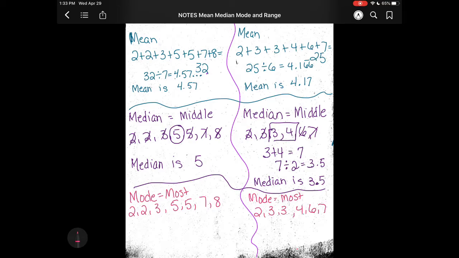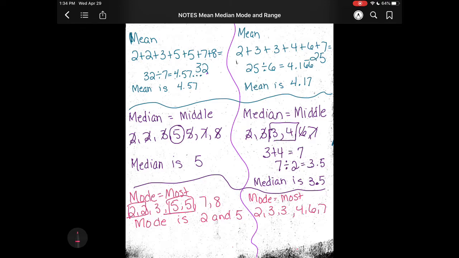And remember, there can be more than one, but the number has to be repeated the exact same amount of times. So our mode here is 2 and 5 because they're both repeated the same amount of times. So we see them the most, the same amount of times the most. So our mode is 2 and 5.